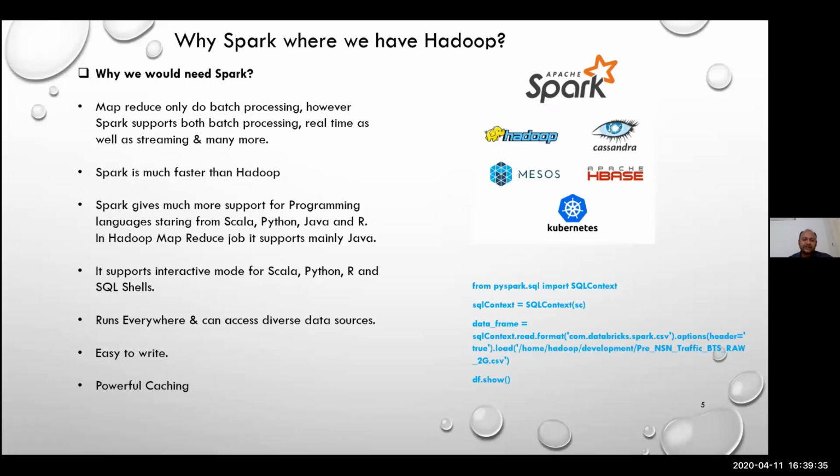Just write the SQL. That SQL will be converted to a MapReduce job internally, which we don't need to bother about. It also has powerful caching facilities. If we define some objects, then we can define the persistence of the object. If we define it as a cache, then Apache Spark will keep it cached during the execution cycle so that performance can be improved.